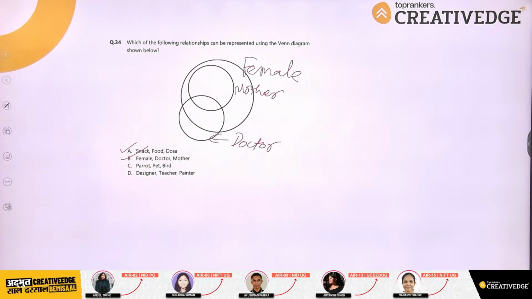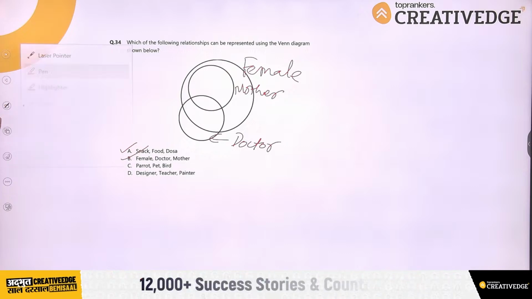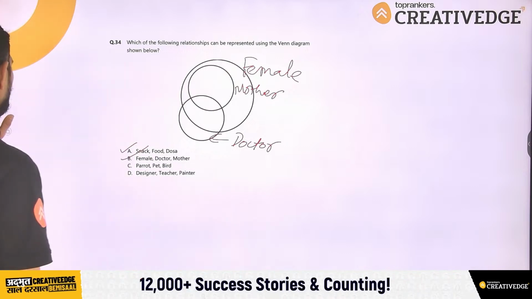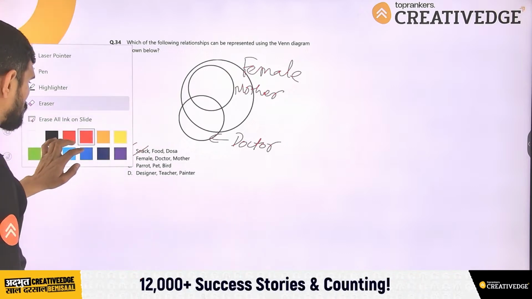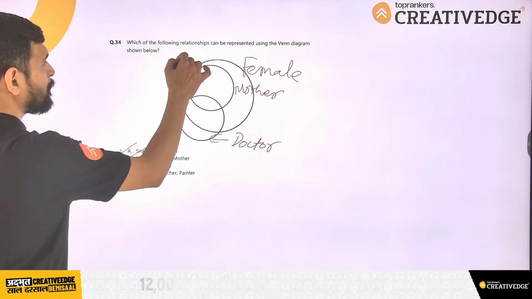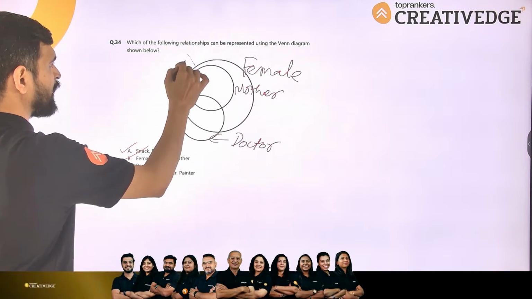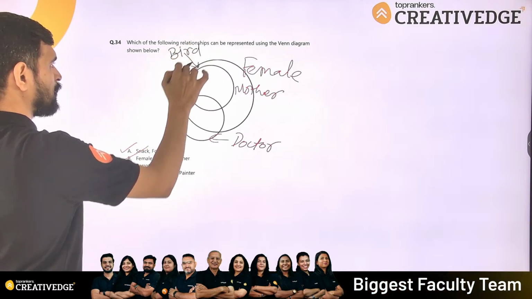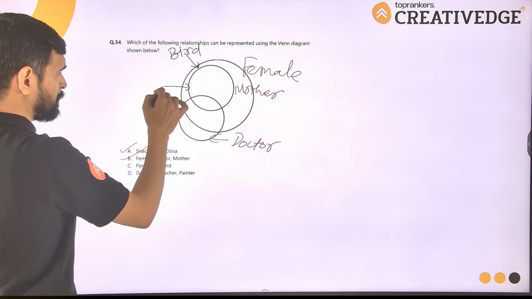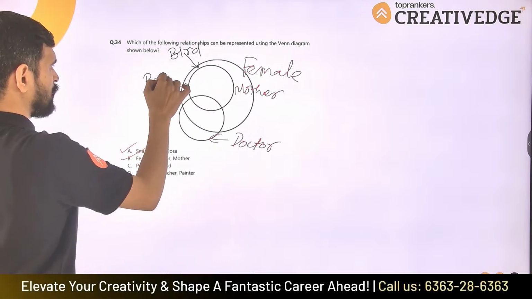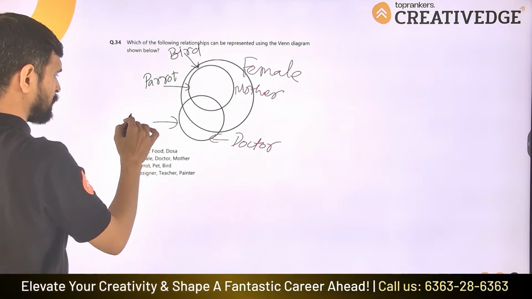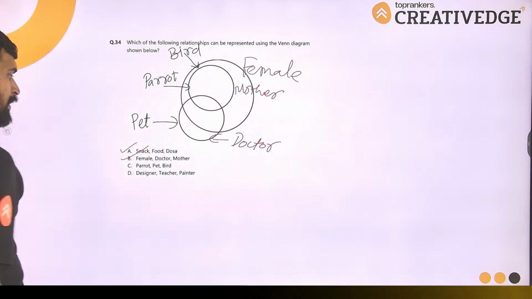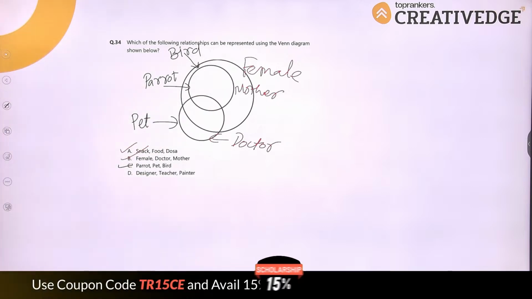Parrot, bird, pet. Let me change the color to write this one. So this outer one could be bird, inner one could be parrot, and this one could be pet. Right. So C looks correct.